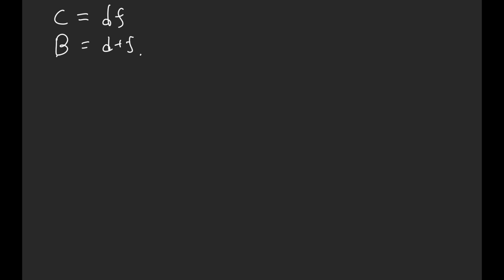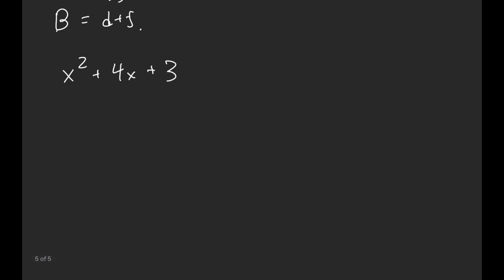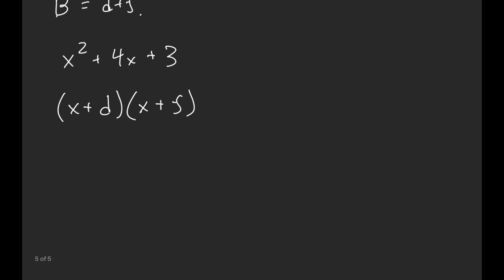So let's take the example x squared plus 4x plus 3. We know that this quadratic trinomial is going to break down into the form x plus d, x plus f. We also know df is equal to 3. And we know d plus f is going to be equal to 4.